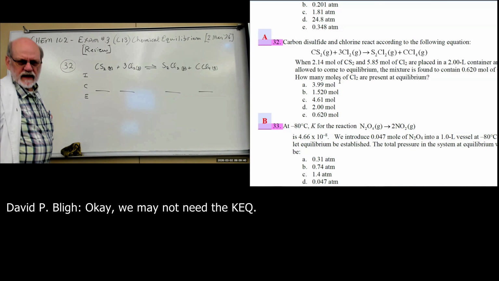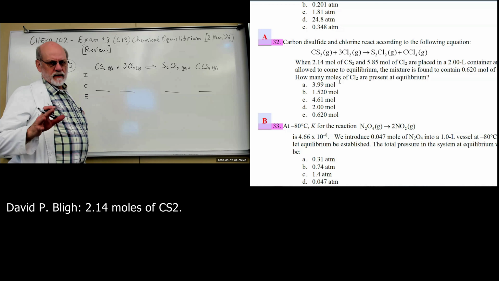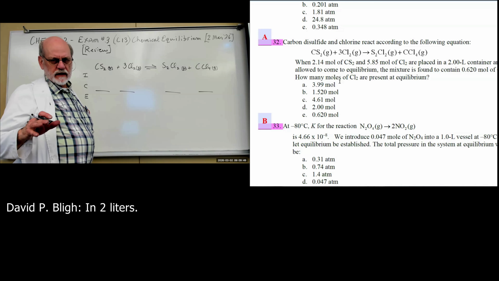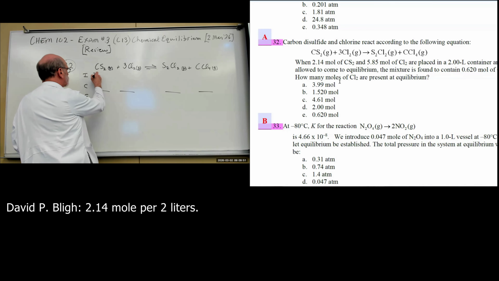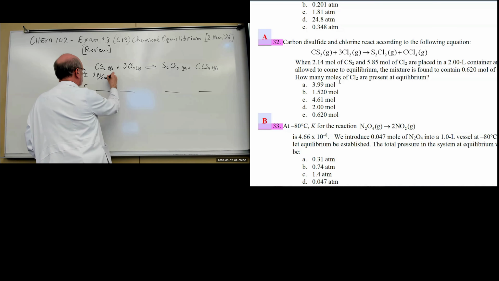Okay, we may not need the Keq. Let's put what we know up there. 2.14 moles of CS2 per 2 liters.